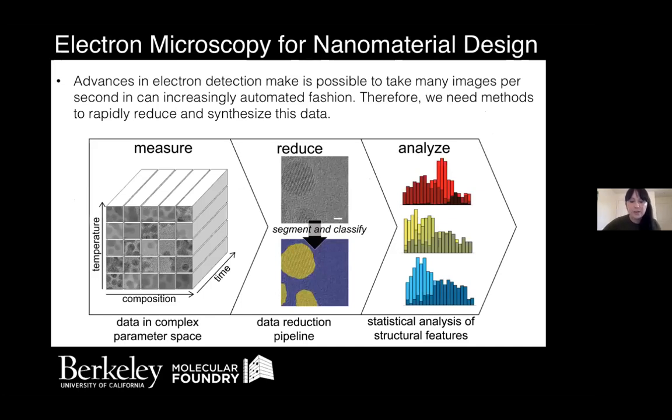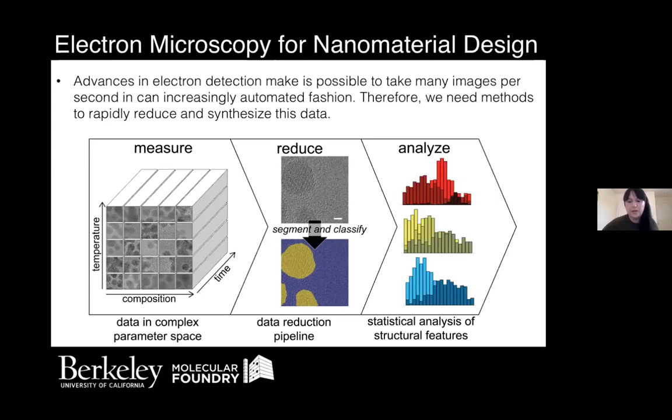So here would be what I would say is a goal. We already have the ability in many ways, through work pioneered, again, for example, by Dr. Emory Chan, to create synthetic populations over large synthetic variable parameter spaces. And then what we would like to do is design a data pipeline that can reduce or simplify our data into classified units and then analyze the statistics of those units.